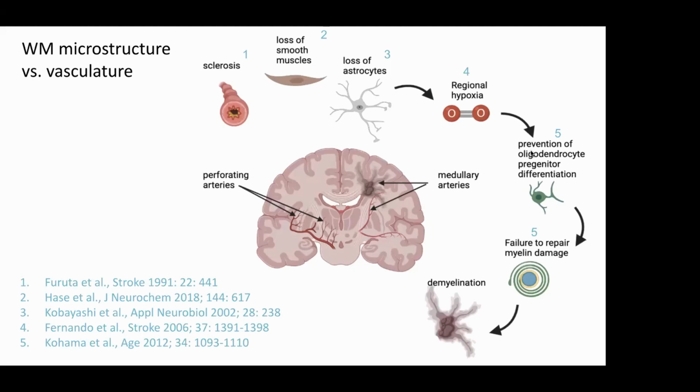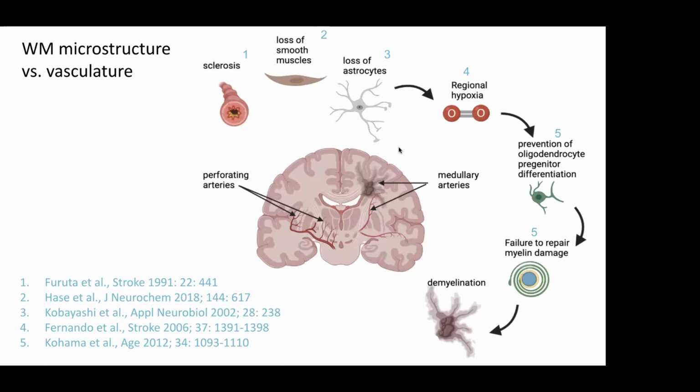On the one hand, there's evidence that the differentiation of oligodendrocyte progenitor cells into full-fledged oligodendrocytes, which constitute the myelin, is prevented by the lack of oxygen. At the same time, or consequentially, there's also failure to repair damaged myelin, so there's no incoming new myelin. So basically over time, there's demyelination, and therefore microstructural degeneration.